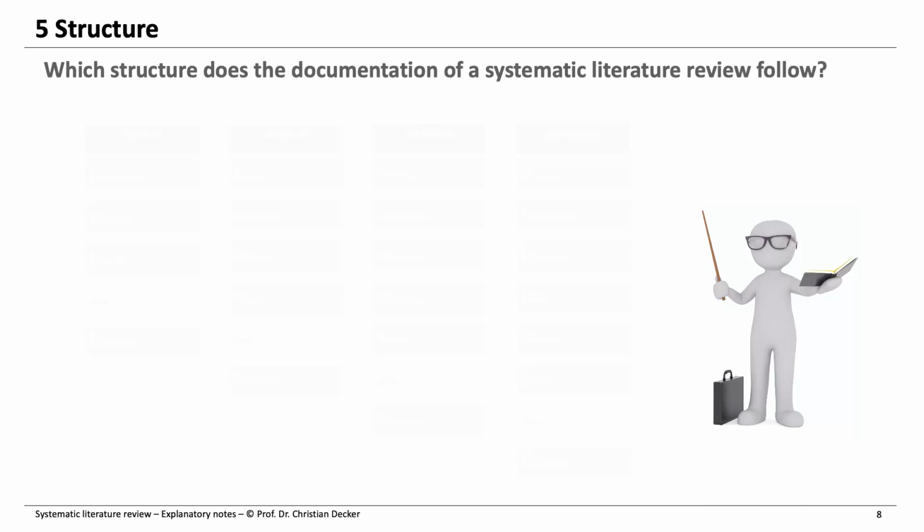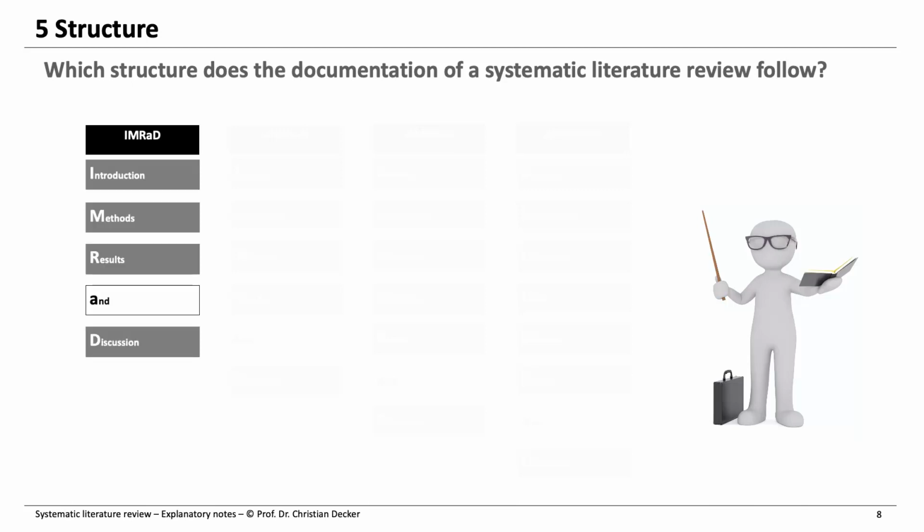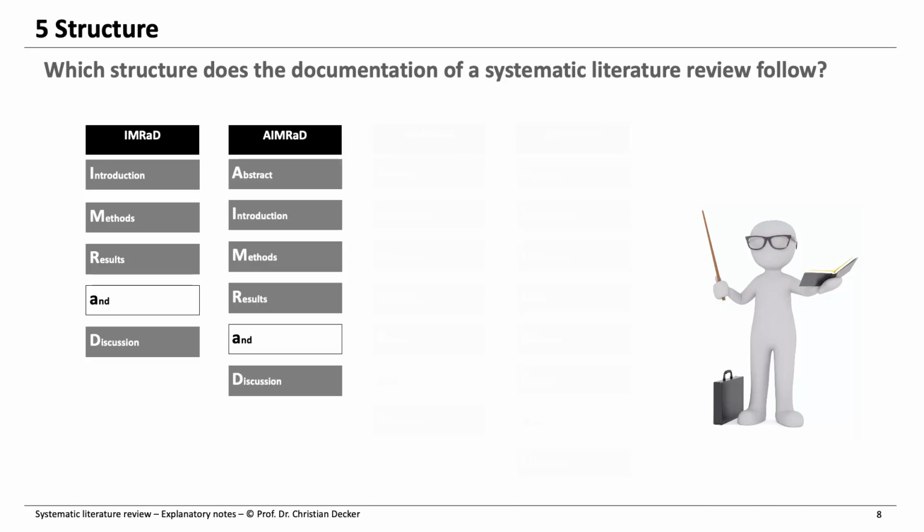As explained, the basic IMRAD approach encompasses the sections Introduction, Methods, Results, and Discussion. In addition, there are several variations derived from the IMRAD approach. The variation AIMRAD emphasizes the importance of an abstract, which might be a mandatory component depending on the institutional requirements.